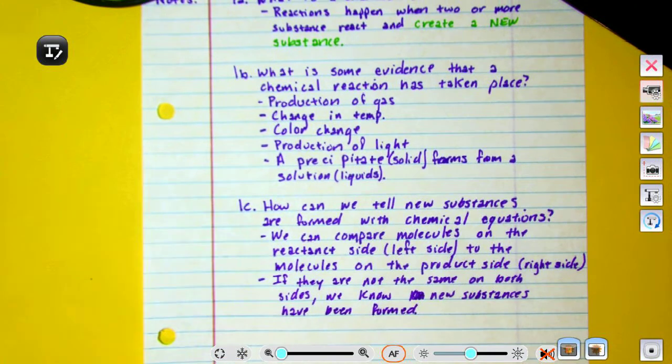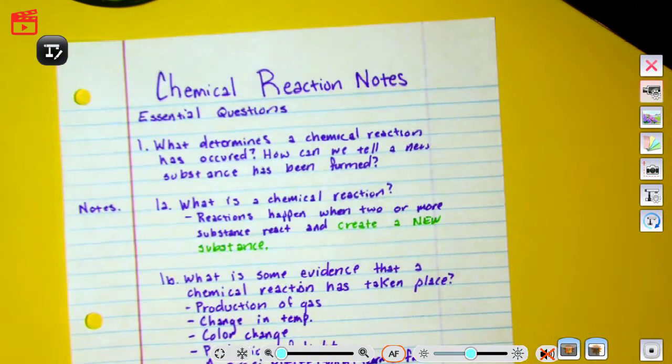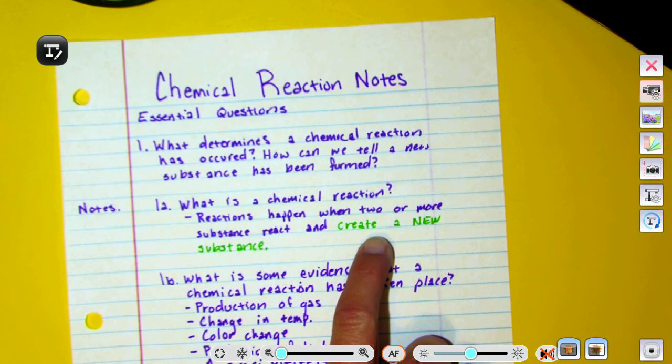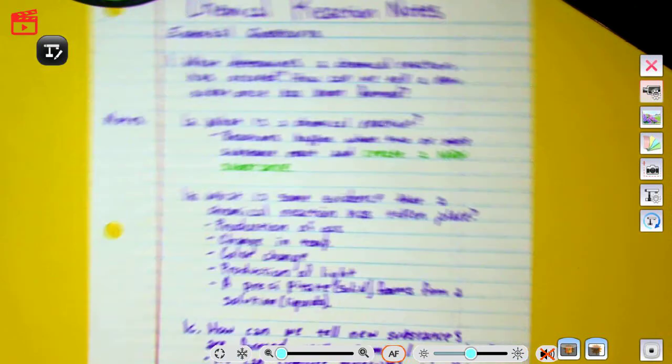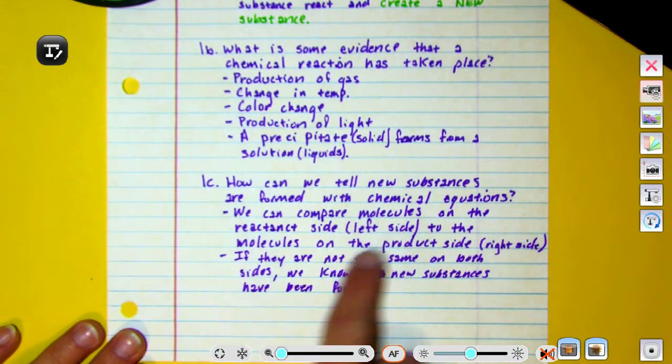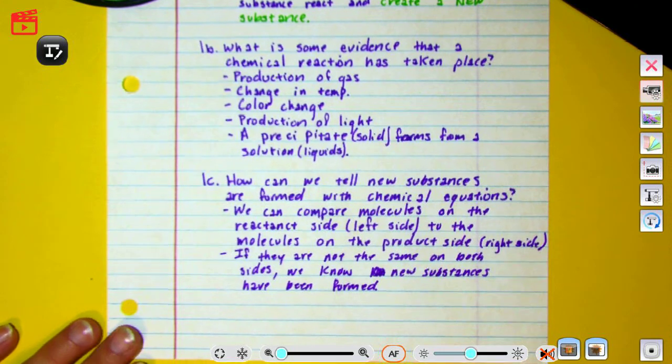Okay, so now, if we look back up here at our essential question, what determines a chemical reaction has occurred, and how can we tell new substances have been formed? Well, what determines, did something new get made? Was there a new substance? Did any of these things happen that showed us that was evidence? And when we look at the chemical equation, did the molecules change? Because if they did, something new has been formed.